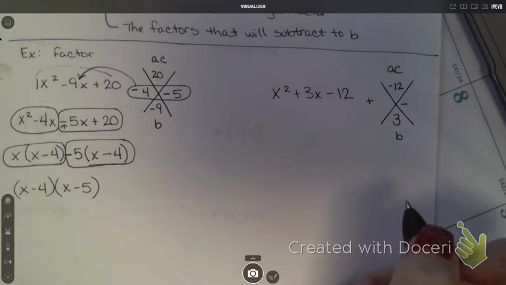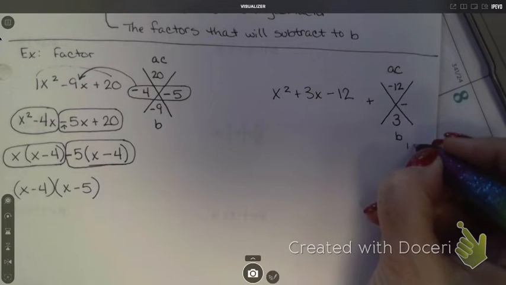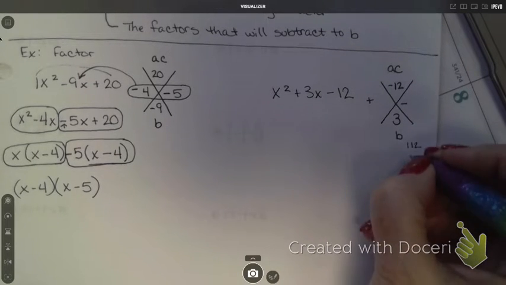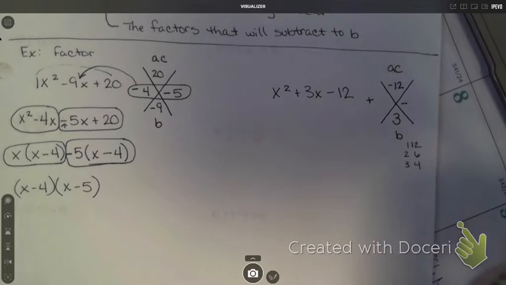So my factors are 1 and 12, 2 and 6, 3 and 4. Can I factor that?